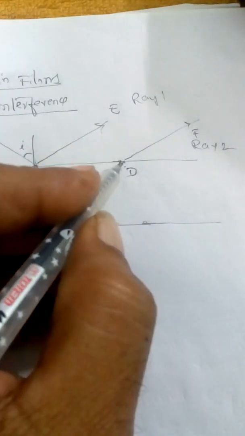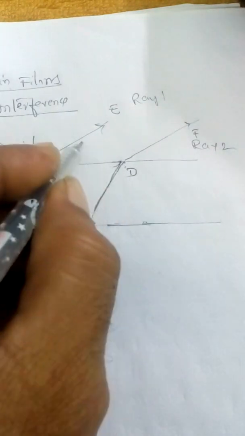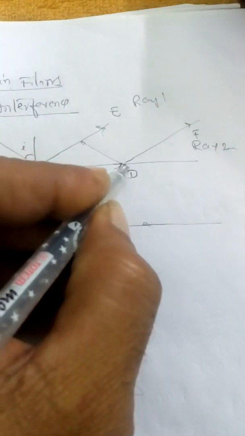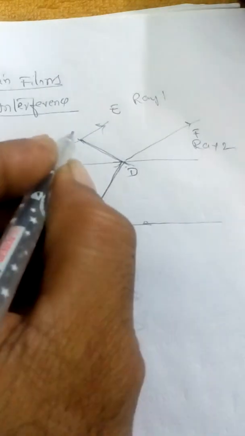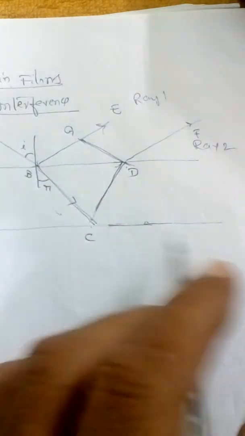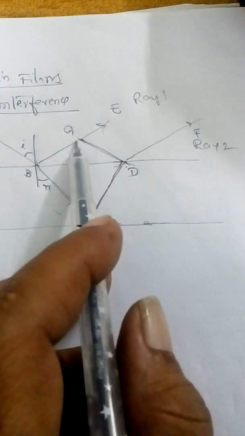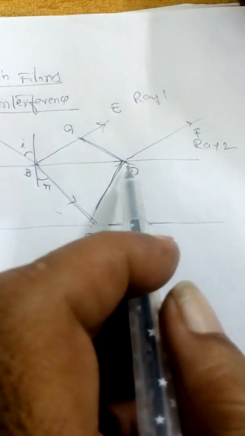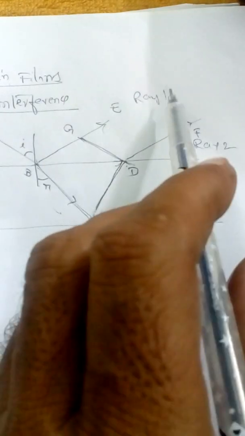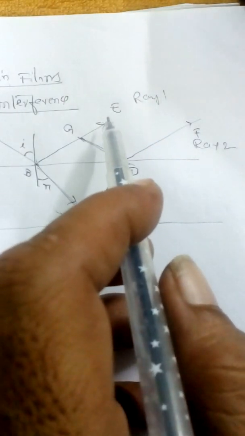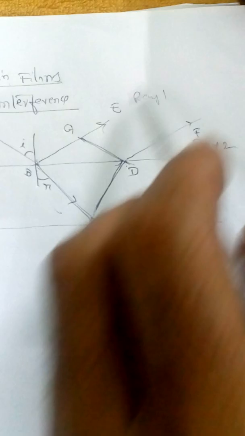In order to find the path difference, I am drawing a normal DZ here. The idea is that from the points D and G onwards, both the rays travel uniformly up to infinity.